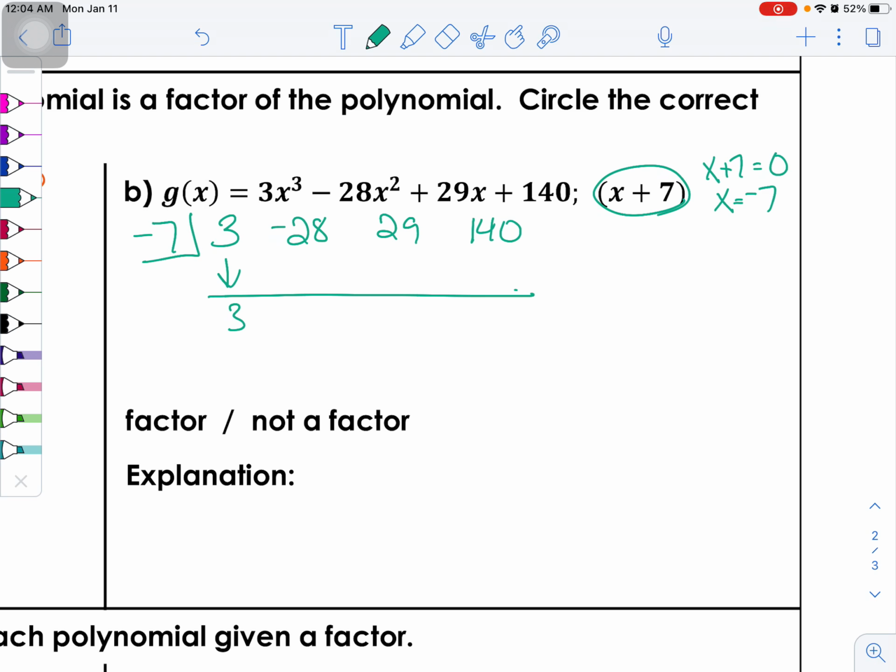All right, little workspace. Let's see. Negative 7 times 3 is going to be negative 21. If I add those two up, I'm going to get negative 49 times negative 7. Then be 343 plus 29.